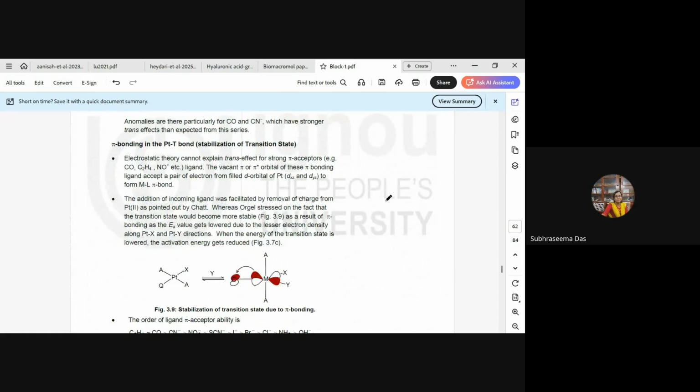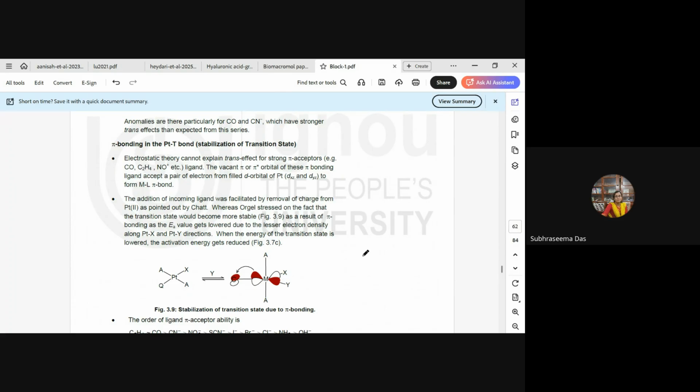Then what is this pi bonding in the platinum-T bond? That is, this is the stabilization of the transition state. So electrostatic theory cannot explain the stability or the trans effect for the strong pi acceptor ligands. So the vacant pi and pi star orbitals of these pi bonding ligands combine with the d orbitals, and it forms the metal to ligand pi bond.